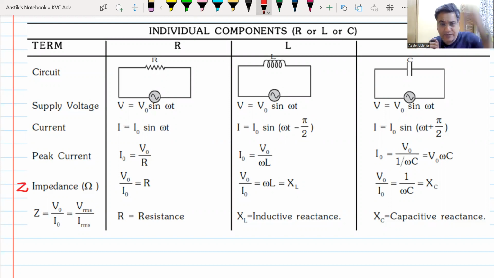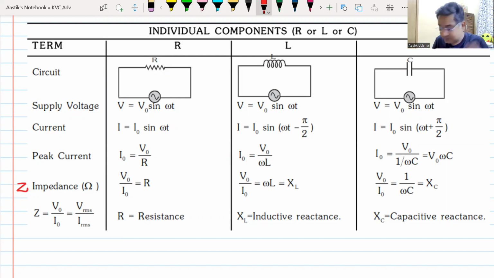Do you understand this? Impedance is a broader term that encompasses everything. So the resistance of a resistor is also impedance. The reactance of an inductor or reactance of a capacitor, they are also impedances. Do we understand this? Yes.